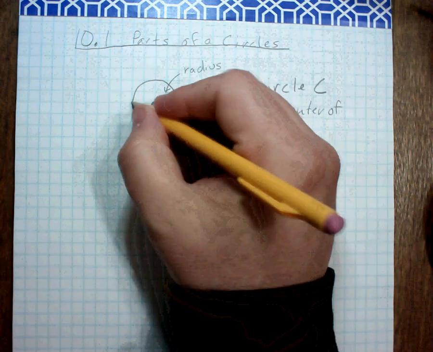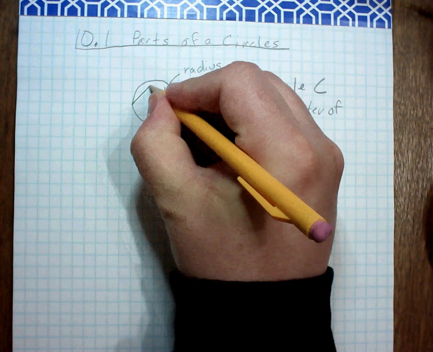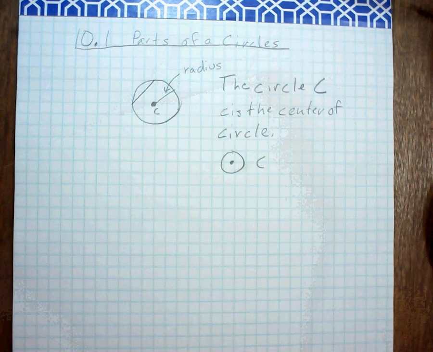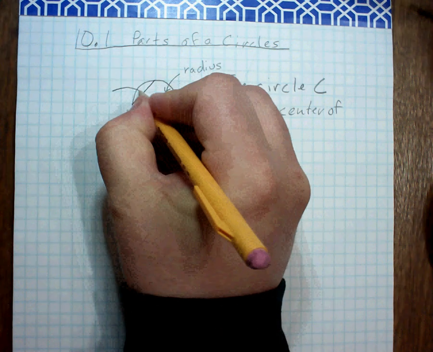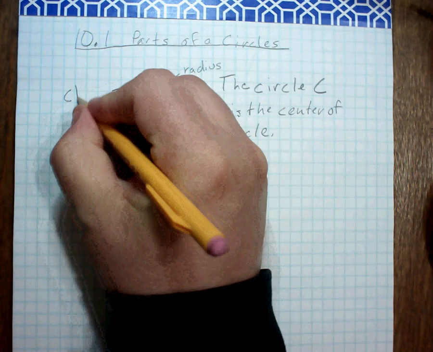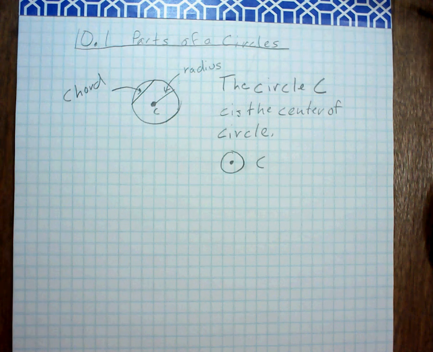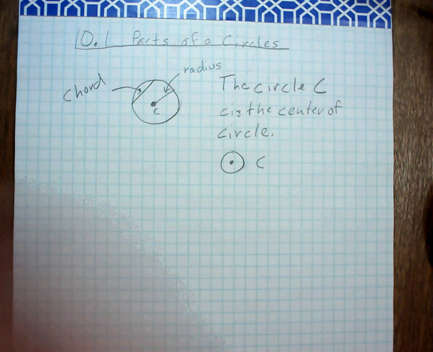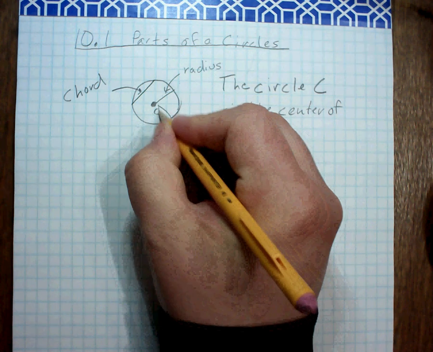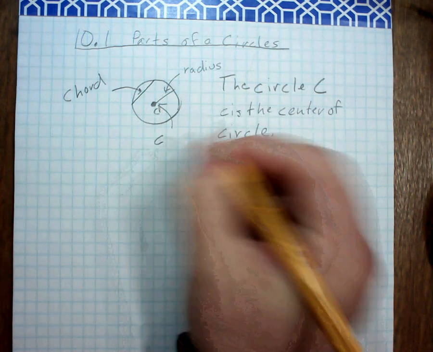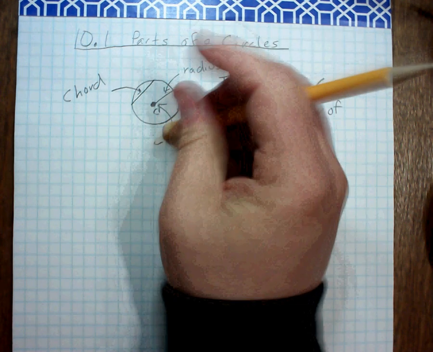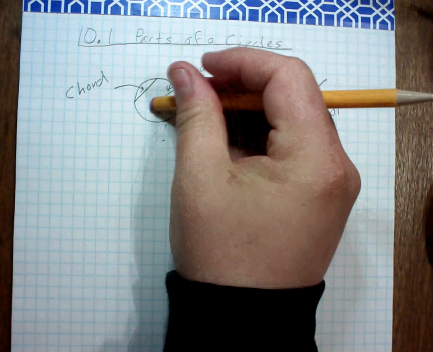If we have a line that connects one part of the circle to the other part of the circle, we call that a chord. And let me point this out too. I said it, but let me just write it down. C is the center.